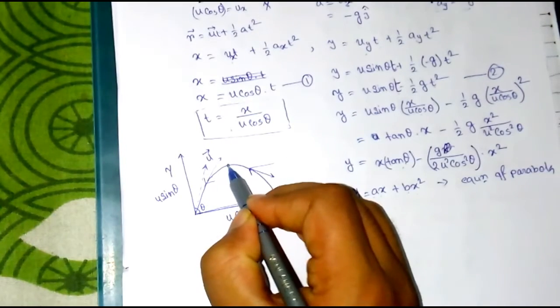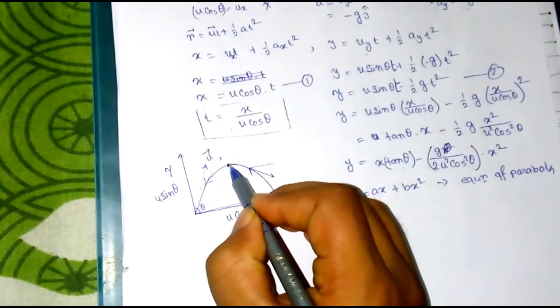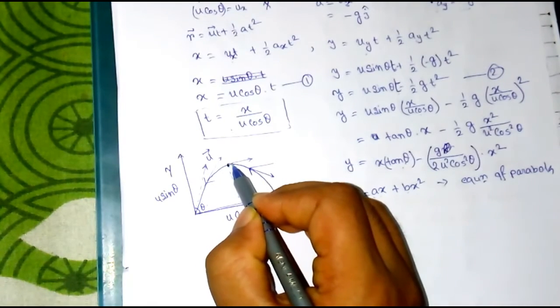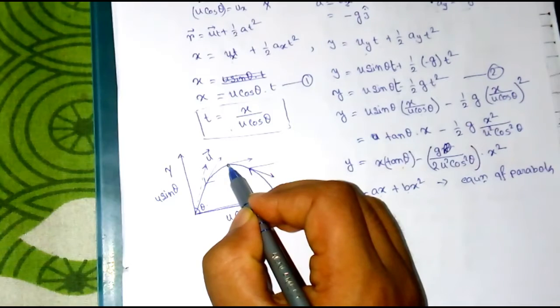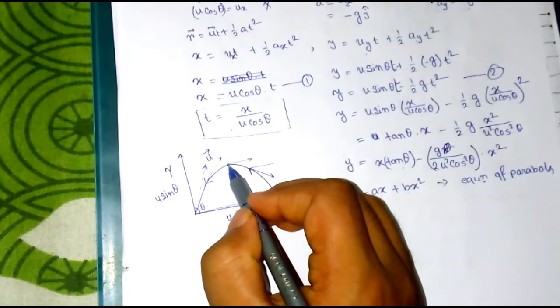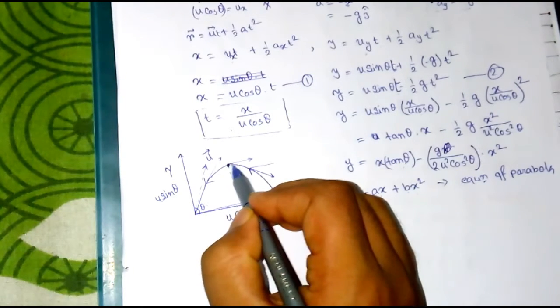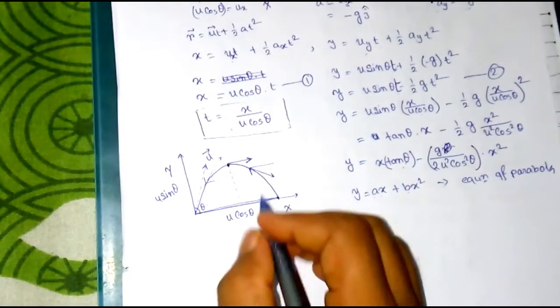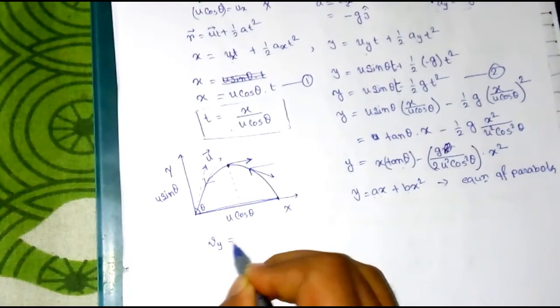But at the maximum height, the velocity direction is along the x direction only. The y component is 0, because there is no vertical velocity, only the x direction. So at the maximum height vy is 0.